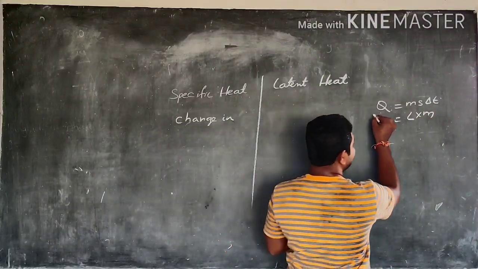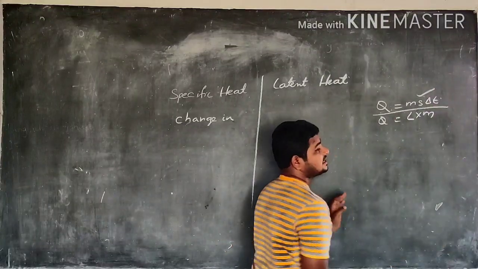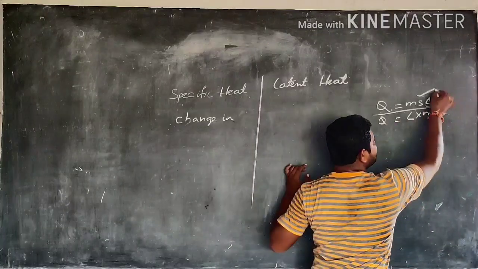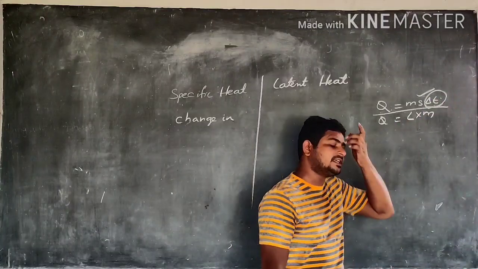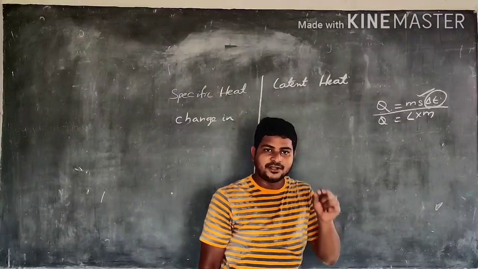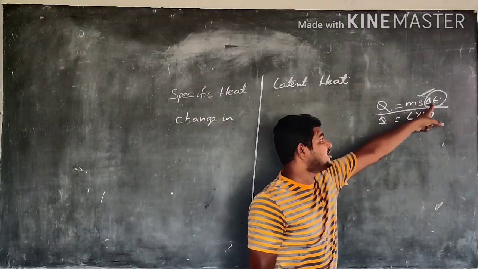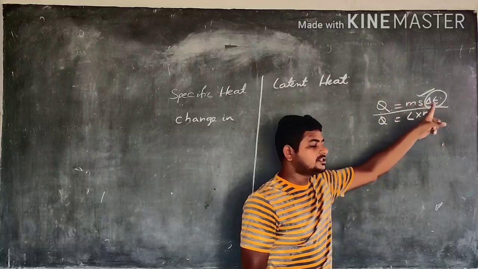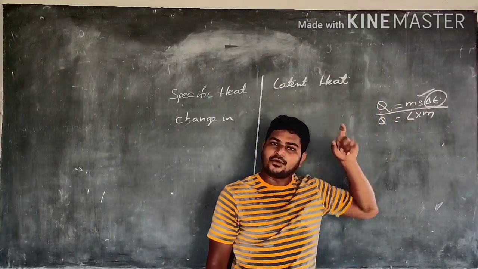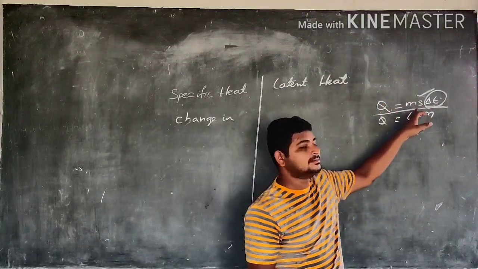You use the formula that contains specific heat when there is delta T, change in temperature, that may be rise or fall in temperature in a particular process. If there is a change in temperature, you use the formula to find the quantity of heat, that is ms delta T.